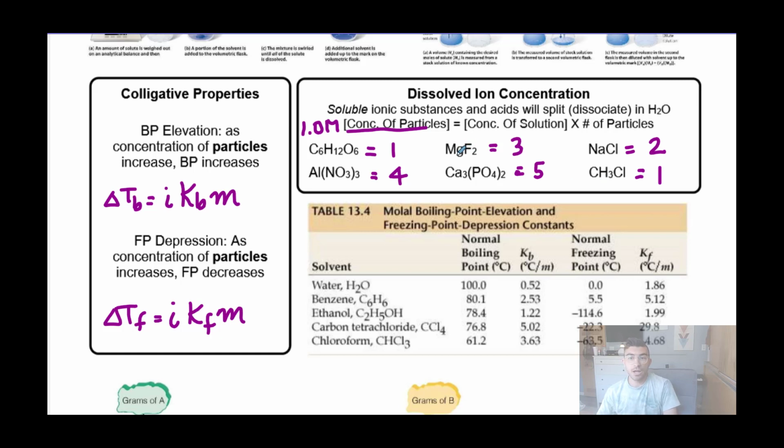But if I had an equal concentration of all of these ionic solutions, let's say 1 molar of each, this one's going to affect the boiling point and freezing point the most, because I will have 5 molar of ions, and then 4 molar of aluminum nitrate, 2 molar of NaCl, 3 molar of MgF2. But the calcium phosphate, because I will have the most dissolved ions in that solution, again assuming all the concentrations are equal, will have the most effect.